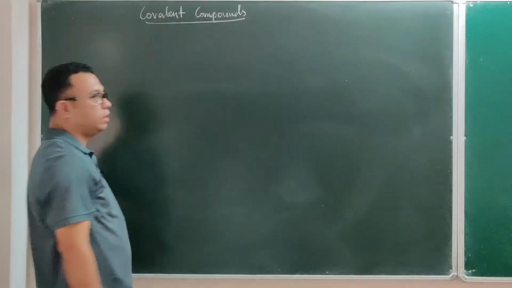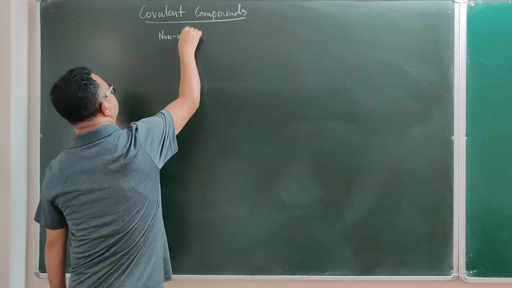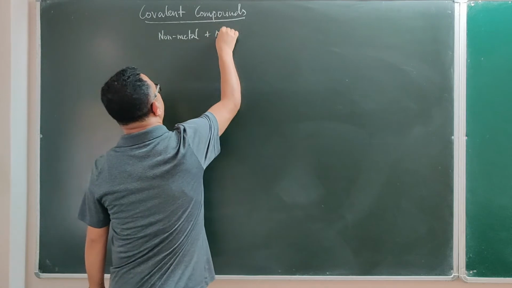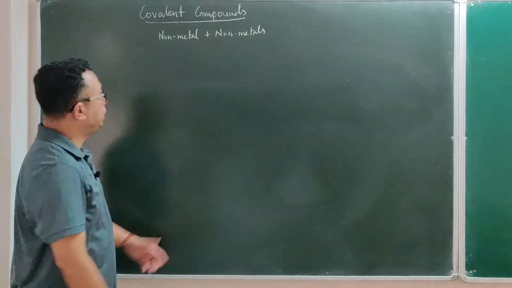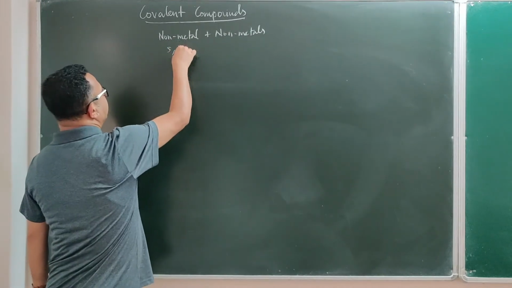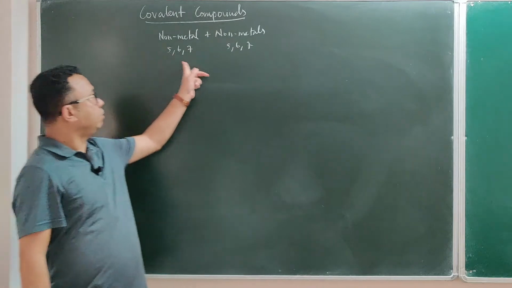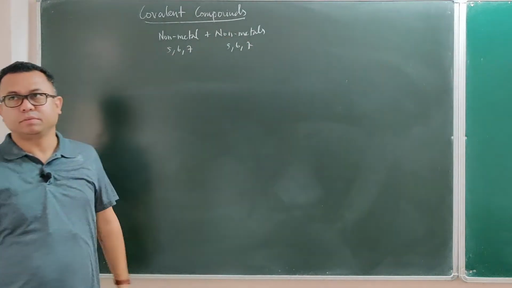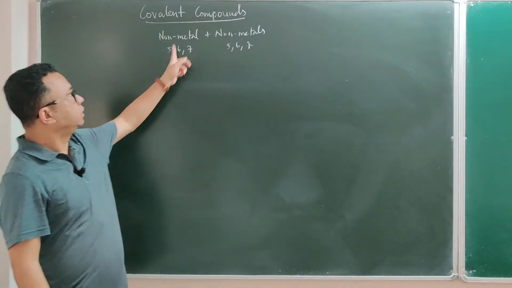Usually a covalent compound forms when there is a combination between a non-metal and another non-metal. You know the outermost shell of non-metals is either 5, 6 or 7, and this one also 5, 6, 7, because both of them are non-metals. Now this cannot donate to that, like in the electrovalent compound. Both of them are looking for electrons, so they cannot be transferred.